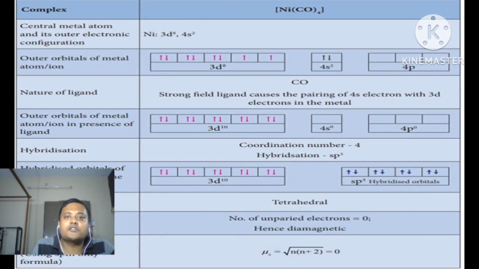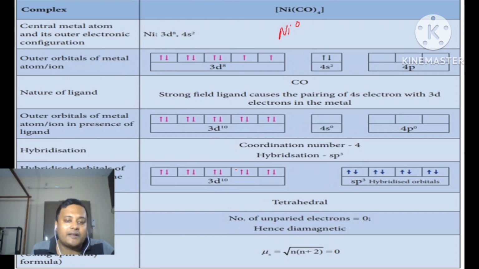First one, Ni(CO)4. In that case, nickel oxidation state is 0, so oxidation state 0 means 3d8 4s2. Now CO is a strong ligand, so electrons are in paired-up condition. The two electrons from 4s shift to 3d, so actually it is 3d10.